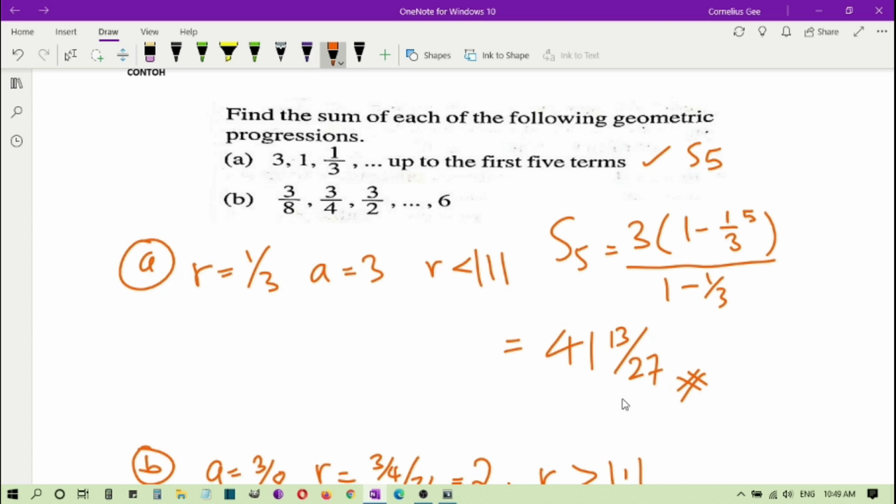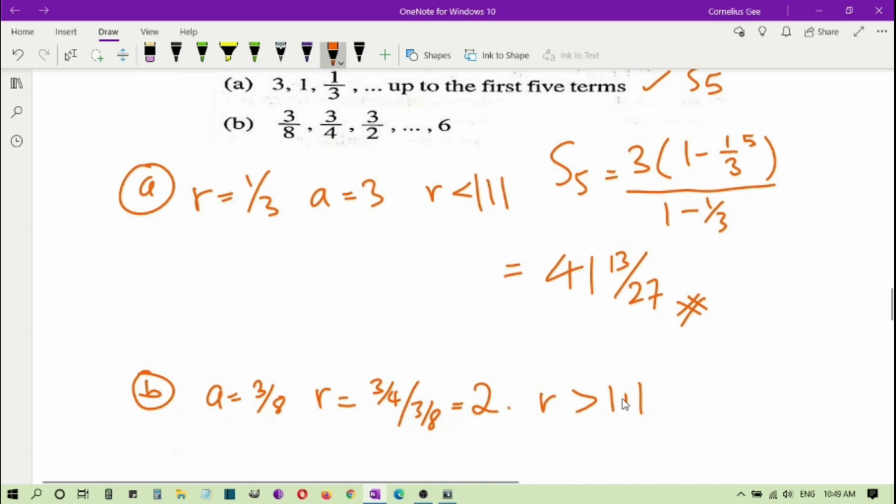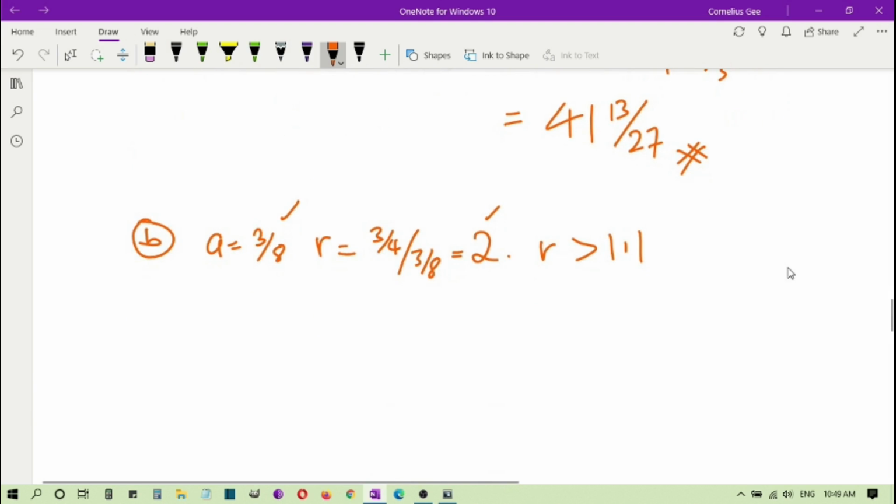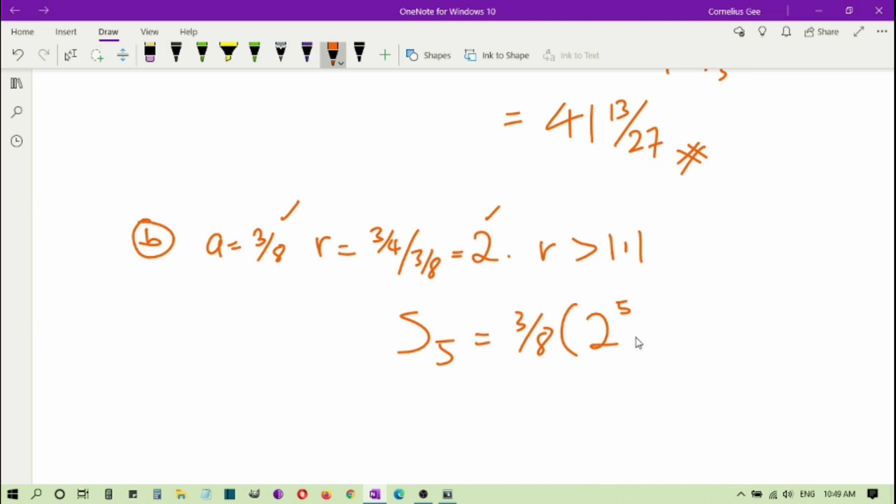For the next equation, here R is greater than 1, so this time I will use the other equation. S5 equals 3 times 2 to the power of 5 minus 1 over 2 minus 1.